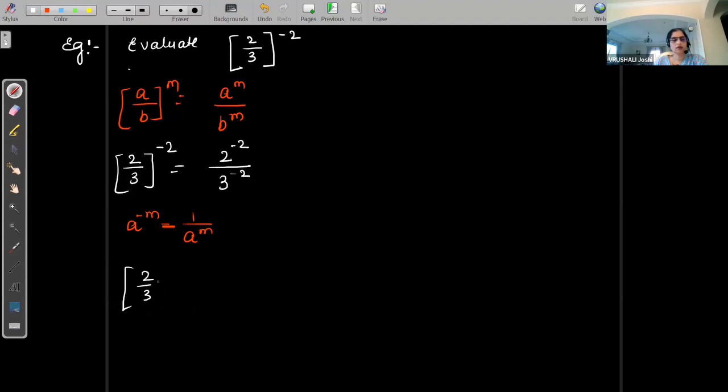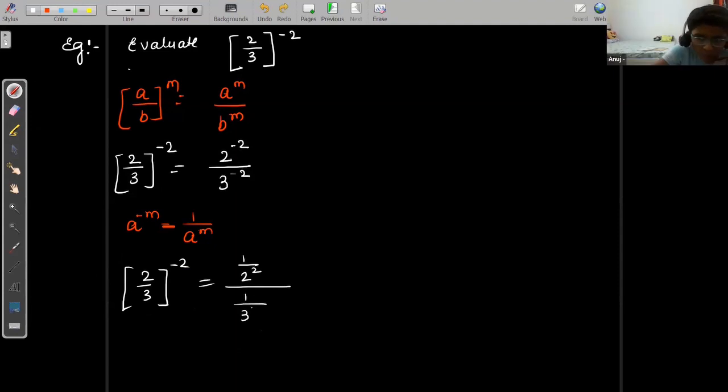So 2 by 3, the whole raised to -2, can be written as 1 by 2 raised to 2 divided by 1 by 3 raised to 2. I'm sorry, 3 raised to 2. Ma'am, can't we just reciprocate? We will reciprocate only, but I am doing this step by step so that if anybody doesn't understand the steps, and Trisha is going to see this after I'm not going to be in front of her.